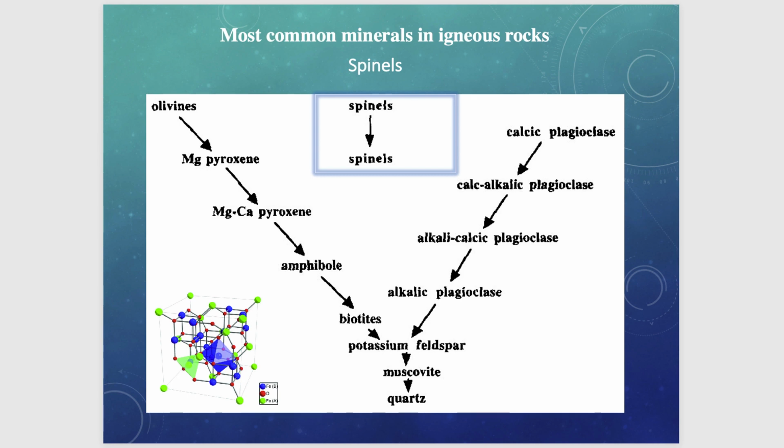We are going to review a couple of spinels. It's important to stress that these are fractionation series as well, so the composition of the spinel will tend to change as we increase, for example, the amount of volatiles in the magma.